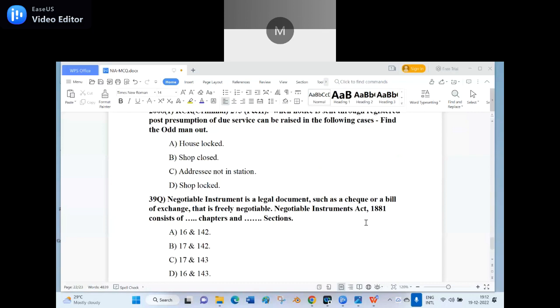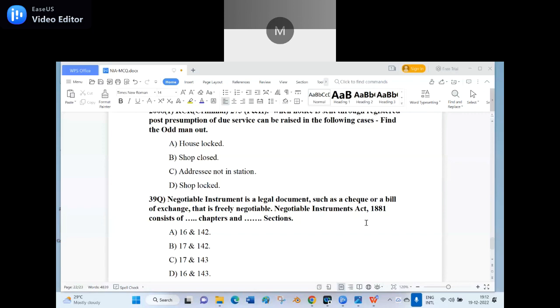Okay, 39th question. A negotiable instrument is a legal document, such as a check or a bill of exchange, that is freely negotiable. The Negotiable Instruments Act 1881 consists of dash chapters and dash sections. I think it's an easy question. Option A, 16 and 142.